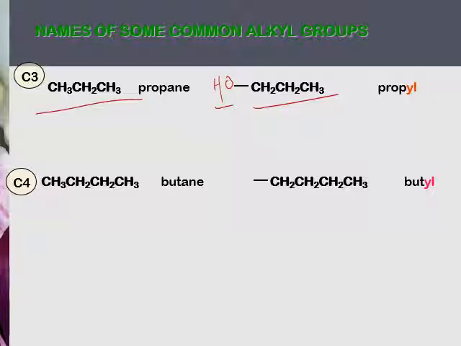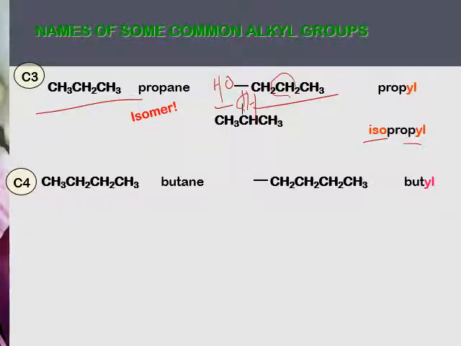So this molecule is called propyl alcohol, or propanol. Now, if the second carbon loses a hydrogen replaced by hydroxy, this is also propyl, but called isopropyl. It's an isomer, so it's isopropyl.